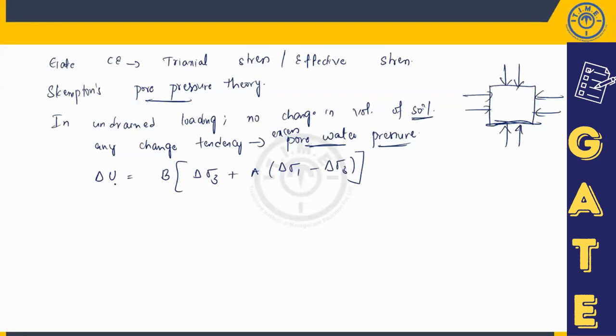Delta U, change in pore water pressure, equals B, Skempton pore water pressure parameter. A is also a Skempton pressure parameter. A and B are the two Skempton pressure parameters. B into delta sigma 3, that is change in cell pressure. Delta sigma 1 along the major principal plane, delta sigma 3 along the minor principal plane.